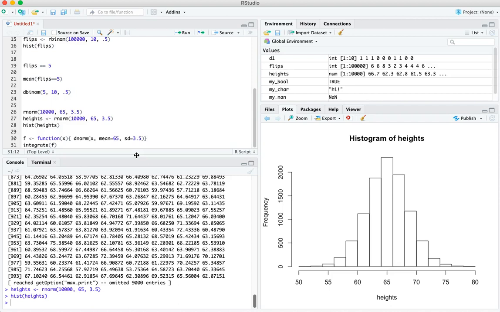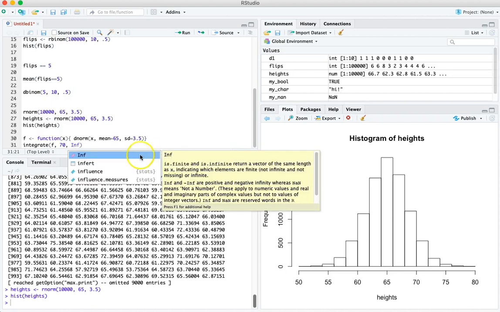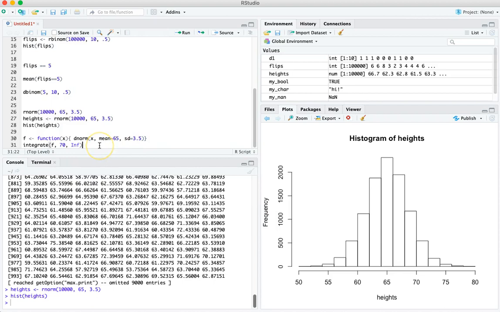So we're going to take the integral of our function at the point 70 as it goes off to infinity. So this is everything from 70 inches, or 5'10", to the right. You can have positive infinity or negative infinity. We want to go to the right, which trails off towards positive infinity.